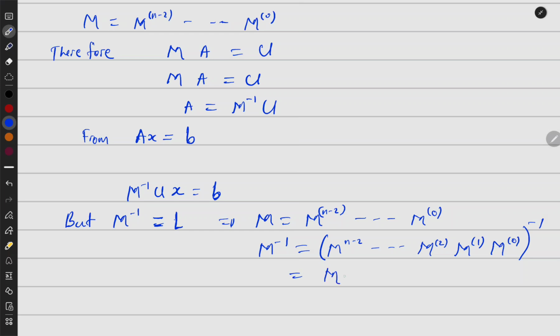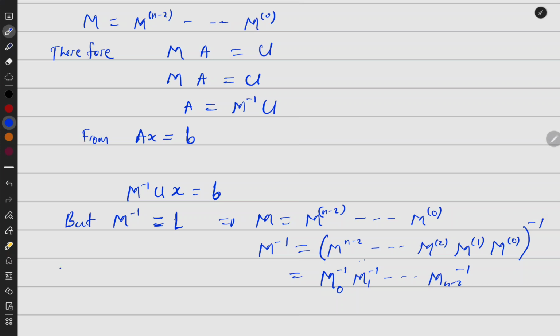So I expect this to be M0 inverse, this is M1 inverse, up to m n minus 2 inverse. You can write these ones down so that the inverse is clear. And when you do that, you get L.